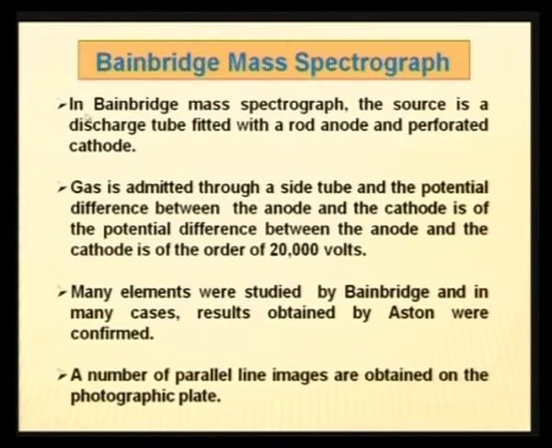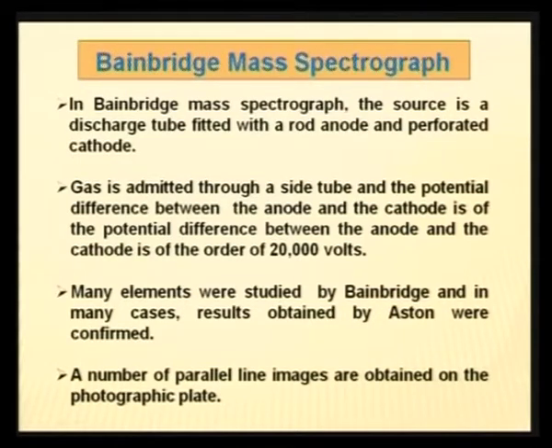In the Bainbridge mass spectrograph, the source is a discharge tube fitted with a rod anode and perforated cathode. Gas is admitted through a side tube, and the potential difference between the anode and the cathode is of the order of 20,000 volts. Many elements were studied by Bainbridge, and in many cases the results obtained by Aston were confirmed.